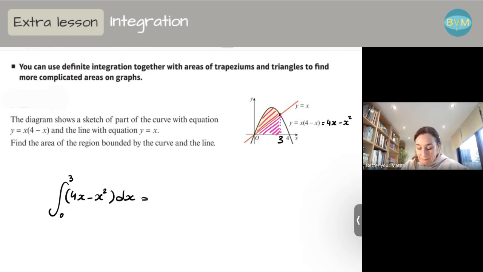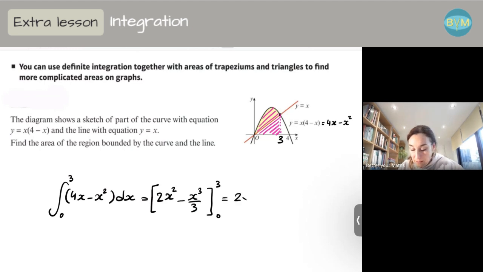Very quickly, we have 4x, one more divided by the new one, minus x, one more divided by the new one. And I don't need the constant because I have limits. If you want, we can simplify the 4 divided by 2. So 2x squared, and I'm going to substitute the 3.